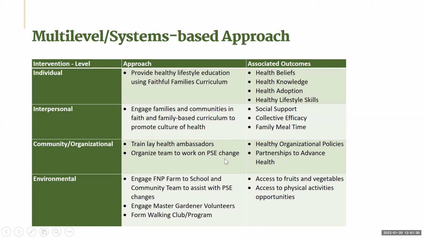They could still serve as a resource. And we organized them into teams to work on policy, systems, and environmental changes within their communities. So we targeted healthy organizational policies and then partnerships to advance health. In terms of the environmental changes, we engaged our Family Nutrition Program here in Florida and master gardeners, and we wanted to increase access to fruits and vegetables and physical activity opportunities.